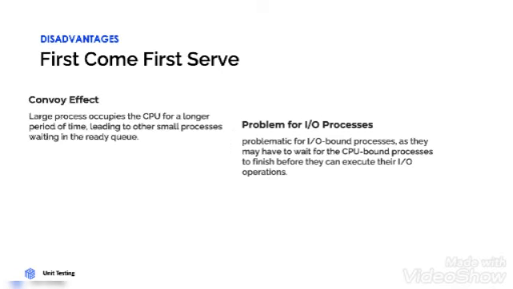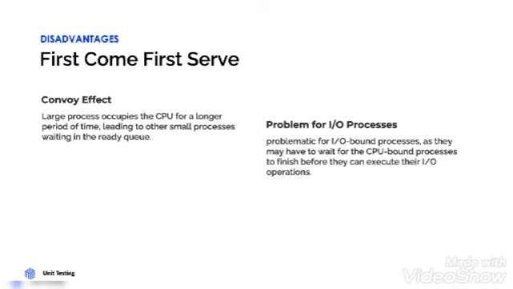Now, there are also some cons. The first is, of course, convoy effect, as it does not have any sophisticated criteria. The first to come will also be first served. So, if there is a process that has a very high burst time compared to others, maybe 50 times more than them, there will be no checking.